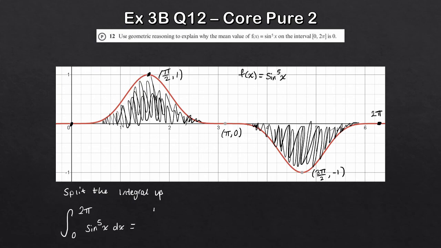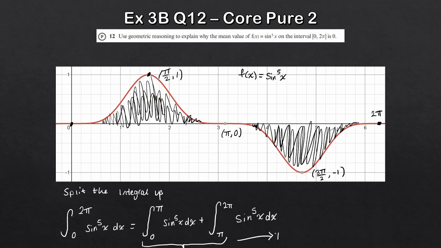So splitting this up now, so this is the integral from 0 to pi plus the integral from pi to 2 pi. So the key idea is that these two integrals here, these integrals on the right hand side, cancel.